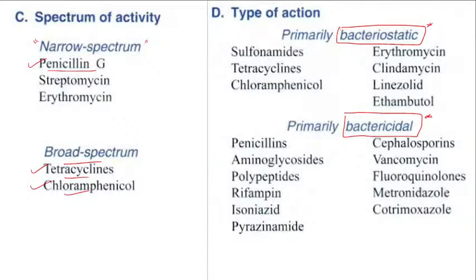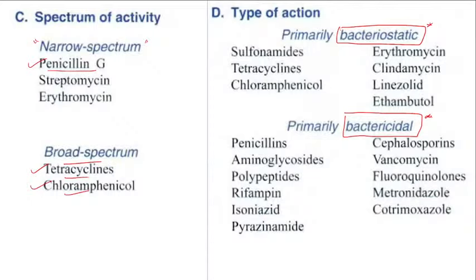While those drugs which destroy the DNA, those drugs which destroy the cell membrane, those drugs which increase the leakage through the cell membrane, they can be bactericidal. So those which inhibit protein synthesis, protein synthesis inhibitors, those which interfere with the metabolism, can be bacteriostatic. While those which damage the DNA, damage the cell wall, or increase the permeability through the cell wall can be bactericidal.